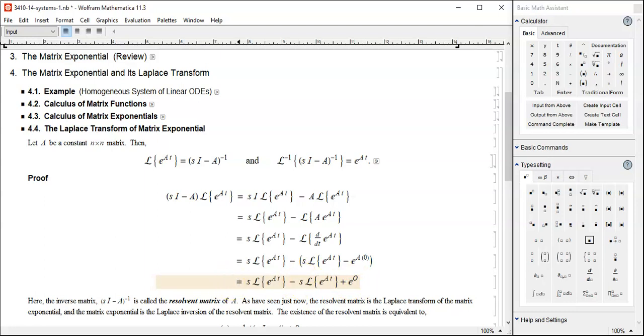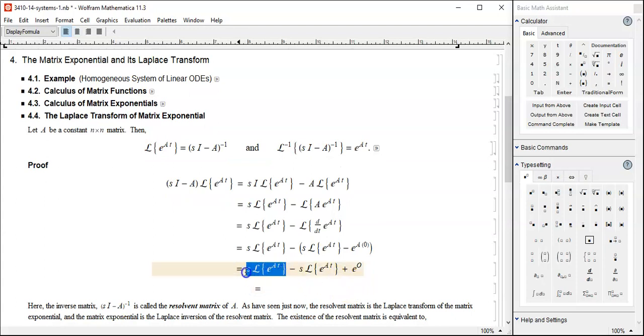Is my algebra correct? See? Input derivative formula, this whole thing became that. And then breaking up this parenthesis, minus and plus. And then plugging in t equal to 0, we get the 0 matrix. So e to the 0 power. We're almost there.